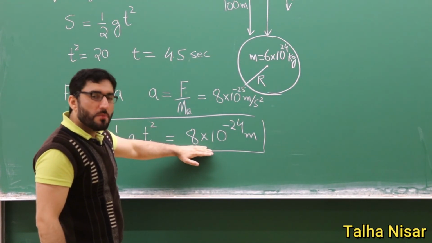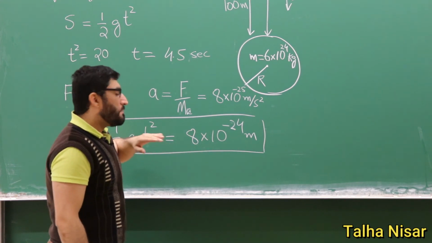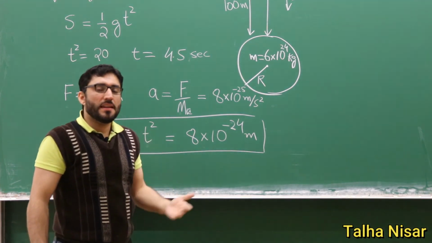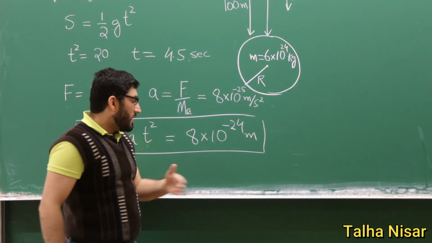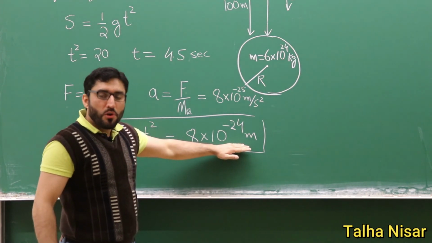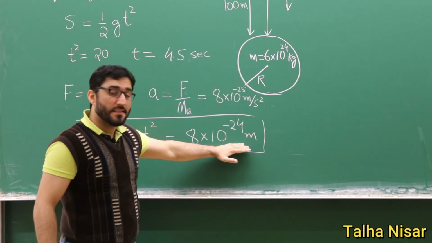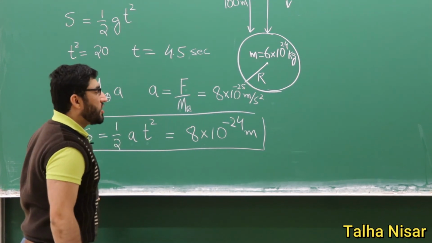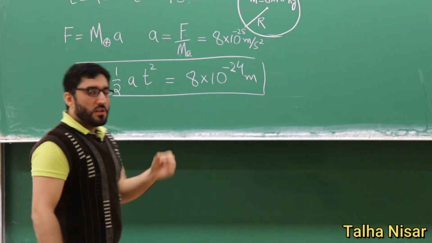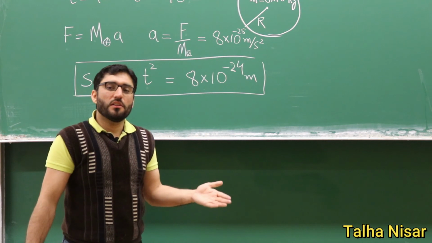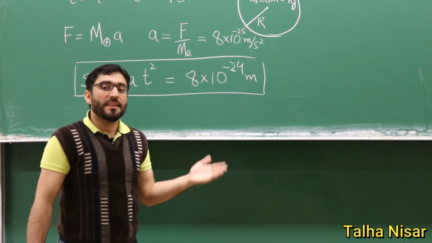This is an extremely small distance, much smaller than we can ever imagine measuring. It's impossible to even measure this distance. To give you some idea, the smallest particles are atoms, for example.